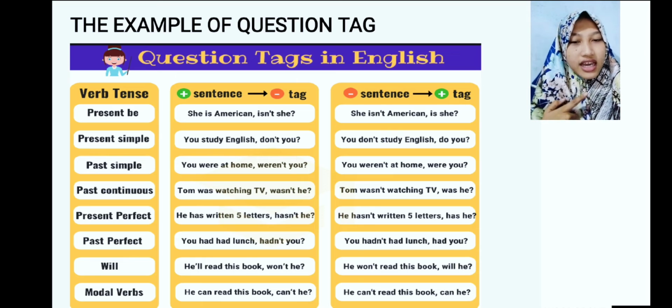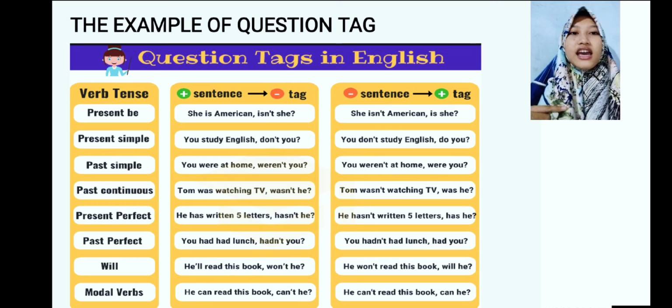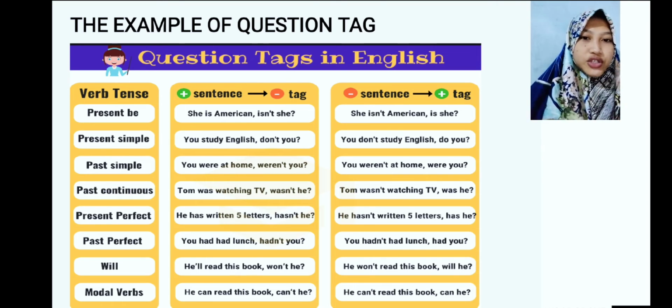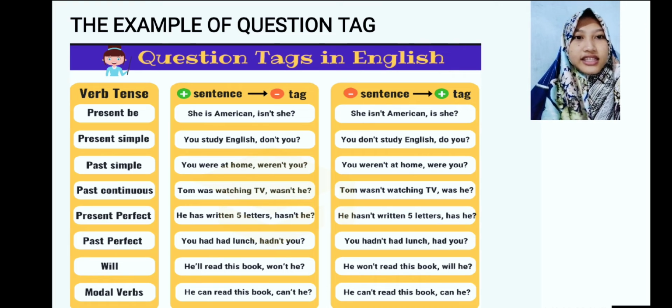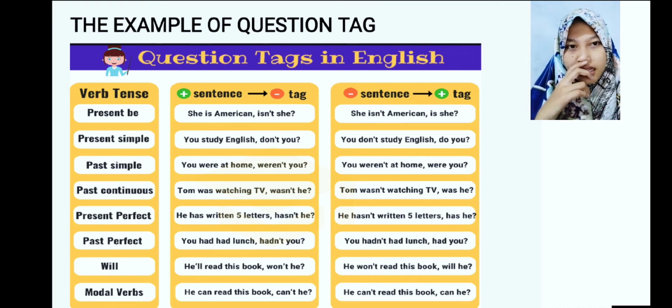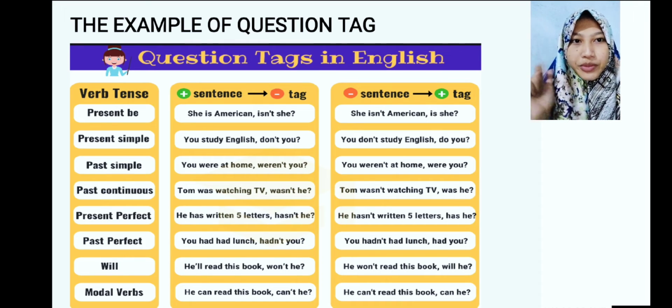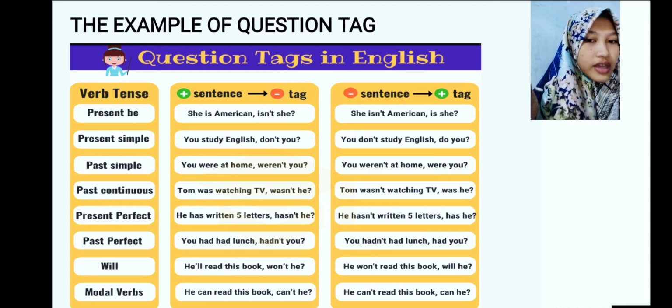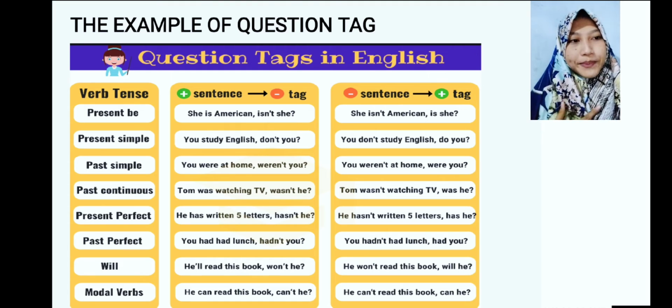And it continues like this. The verb tenses are present be, present simple, past continuous, present perfect, past perfect, will, and modal verbs.